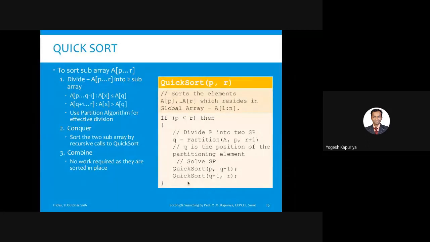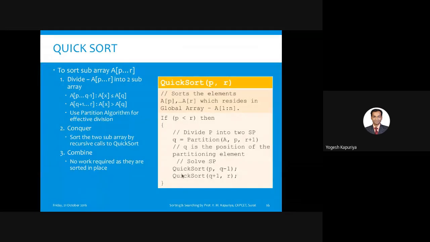Remember, divide and conquer is a three-step technique. First is divide, second is conquer, and third one is combine. Here we are not actually having a combine phase. Here we are having only two phases, divide and conquer. Conquer will be taken care of by this partition algorithm, and division we are doing over here.